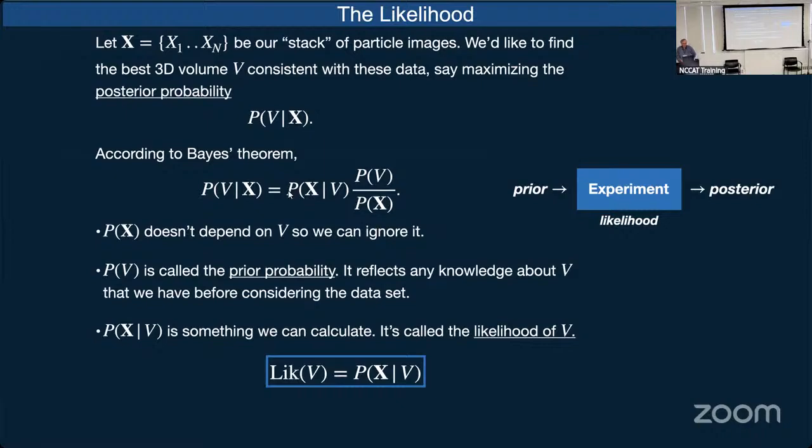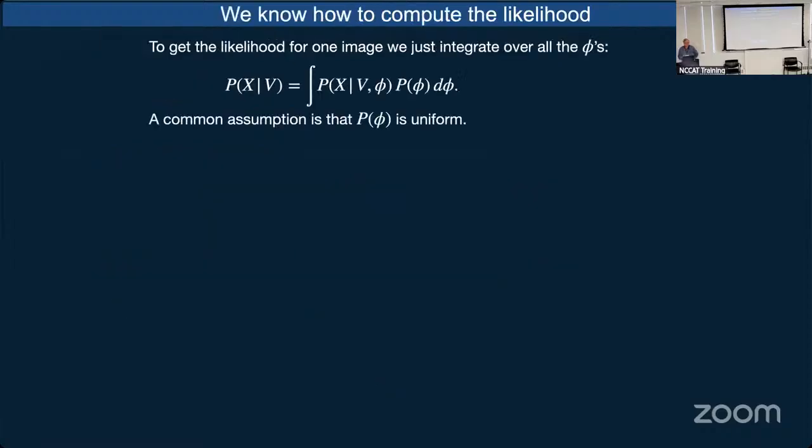Now, this P of X given V is something that we know how to compute, and it goes by a special name: the likelihood. So this is the likelihood of a given volume, which is the probability of the data given the volume. Okay, so how do we compute this quantity, the likelihood? Well, we have an image.